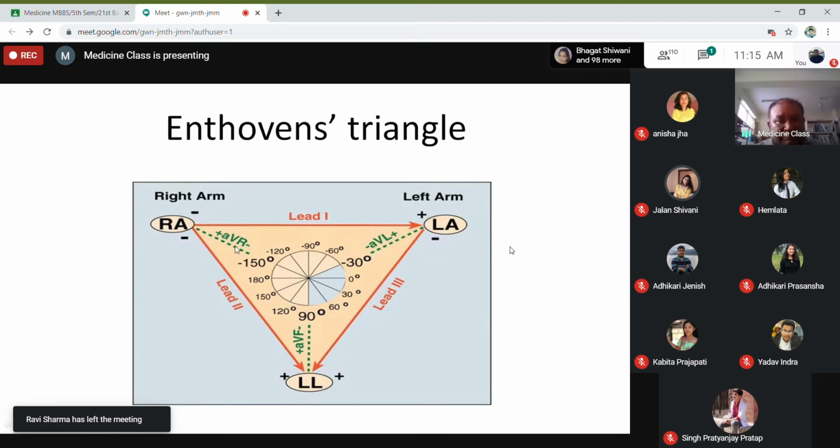In these unipolar leads, the limbs are always positive and the center is negative. In AVR, the right arm is positive and center is negative. AVL, left arm is positive and center is negative. In AVF, the left leg is positive and center is negative.